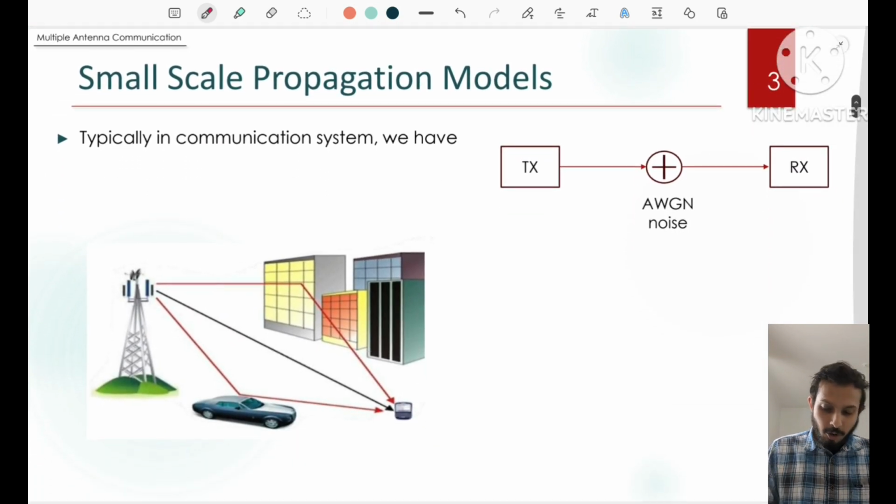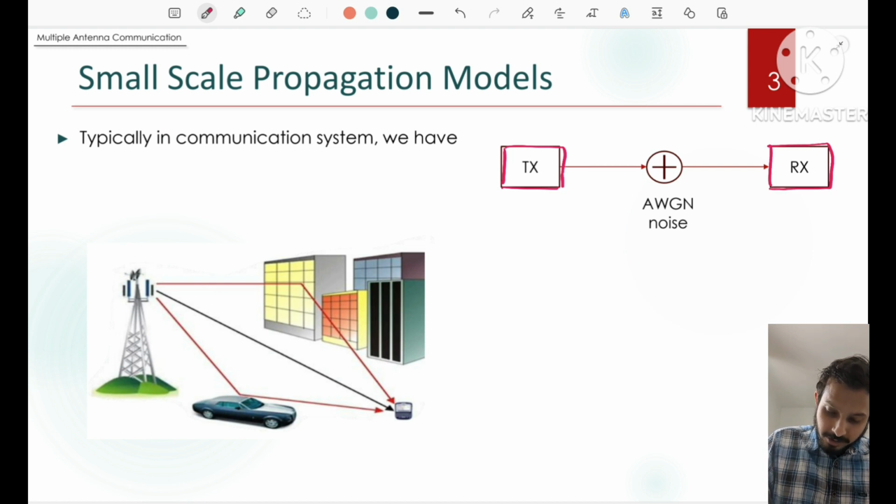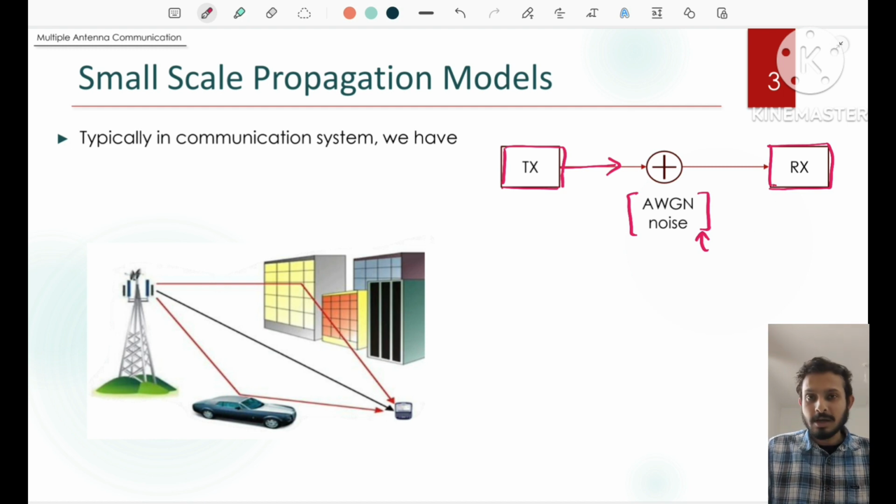So typically in a communication system, ideally there is nothing happening between the transmitter and the receiver. When the transmitter sends a signal, there is an addition of AWGN noise at the receiver, which is due to the analog components in front of the receiver, or mainly due to the analog to digital conversion.